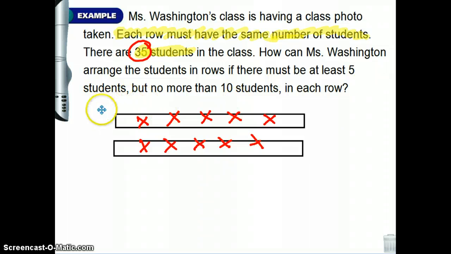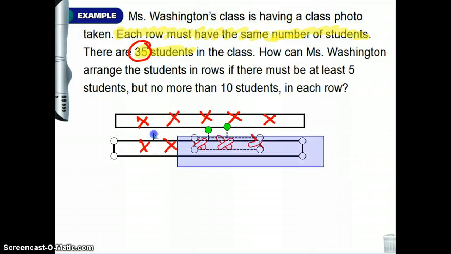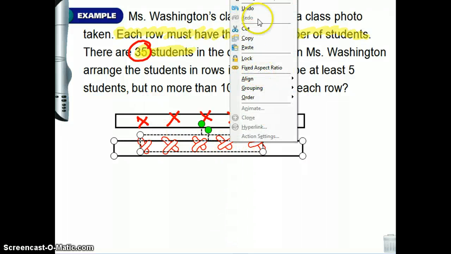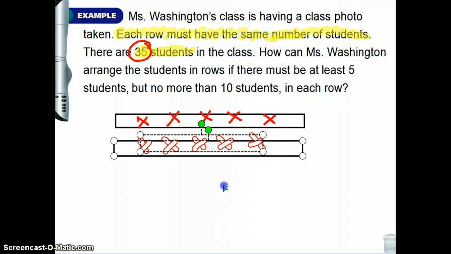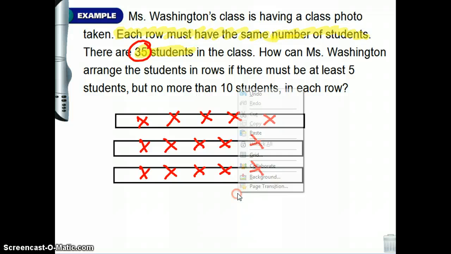Then I'm going to have to do another row of 5. Okay, so I'm taking my technology skills and looking to copy and paste this. So here is another one. Here's another group.